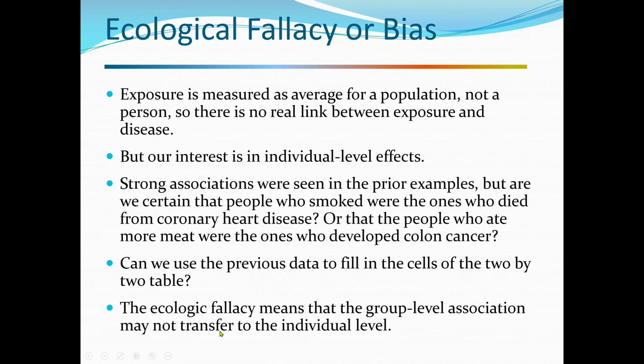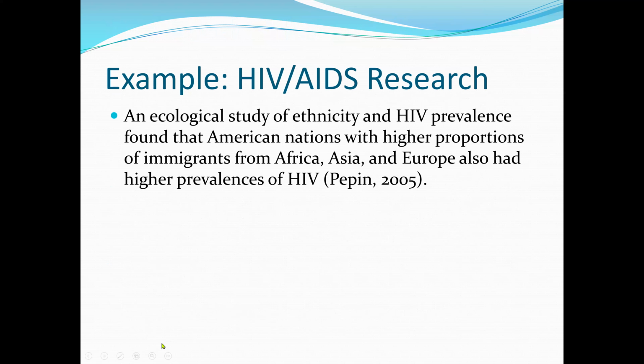Now, ecological fallacy means that the group level association may not transfer to the individual level. Here is an example: an ecological study of ethnicity and HIV prevalence found that American nations with higher proportions of immigrants from Africa, Asia, and Europe also had higher prevalence of HIV.